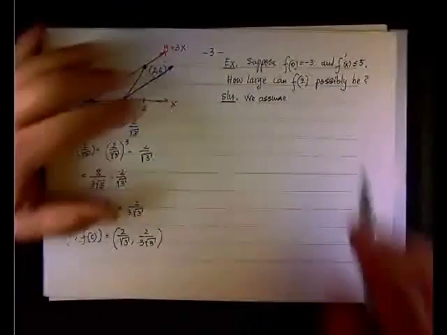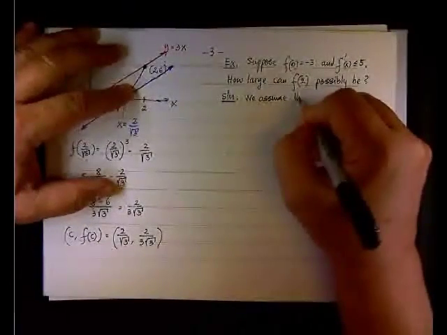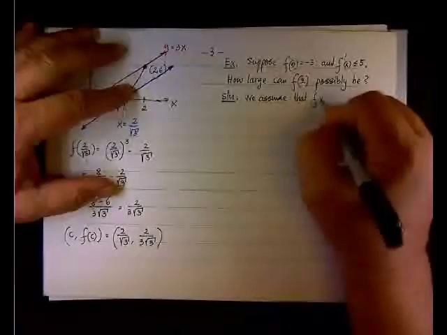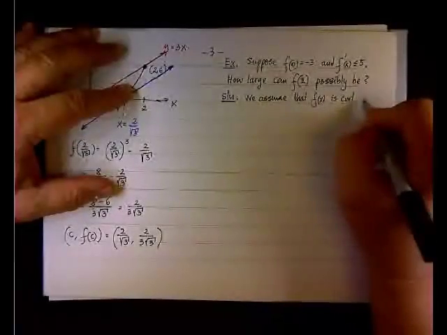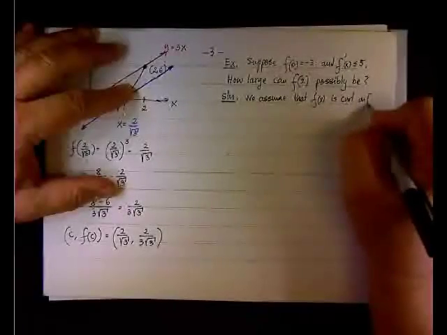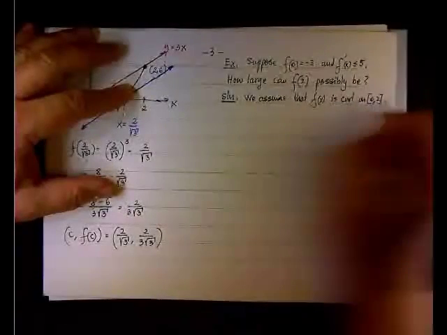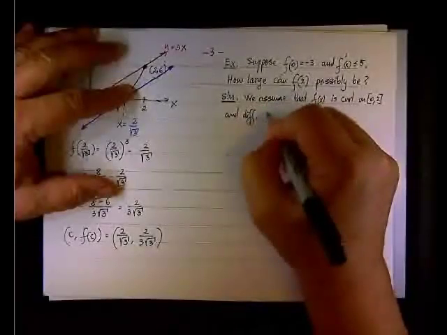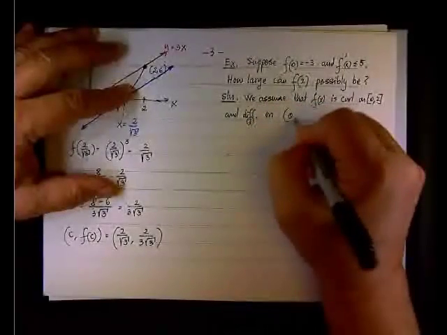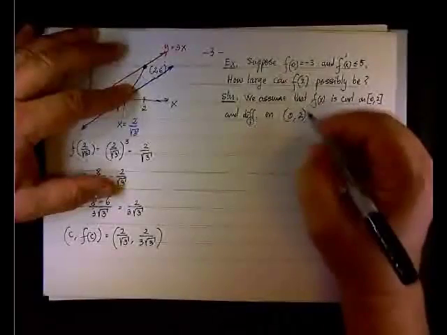So we assume that f of x is continuous on [0, 2], and differentiable on the open interval.